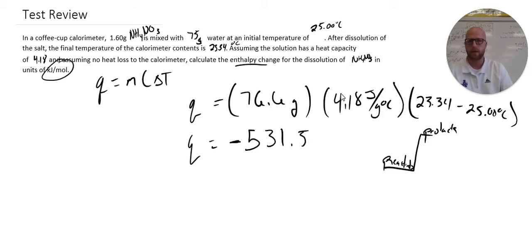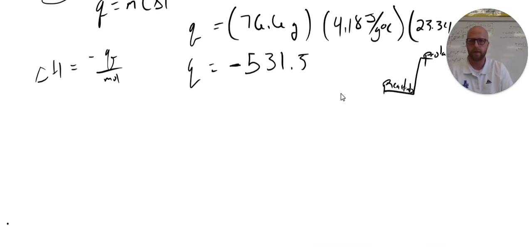All right, so let's go on here. Now we found the Q, but now I want the enthalpy change, the delta H. And how do we go from Q to delta H? We know that delta H is equal to negative Q divided by moles. So let's go ahead and solve for that.